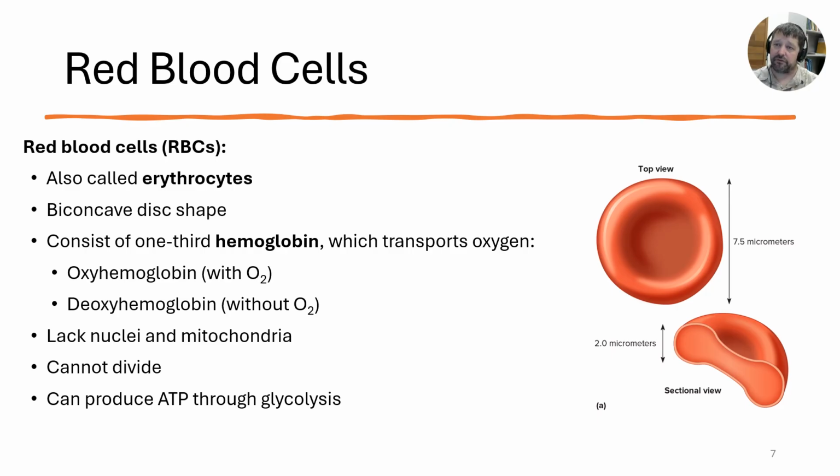The other hypothesis out there is that if there's a nucleus and mitochondria in the cell, it's less flexible and can't shrink down and fit through capillaries and around things like that. So it doesn't have ultimate flexibility. Is that a potential explanation for why no nucleus or mitochondria? Maybe.